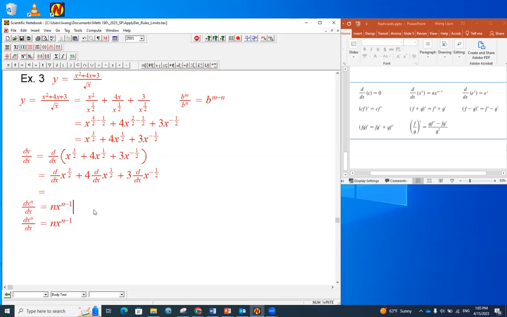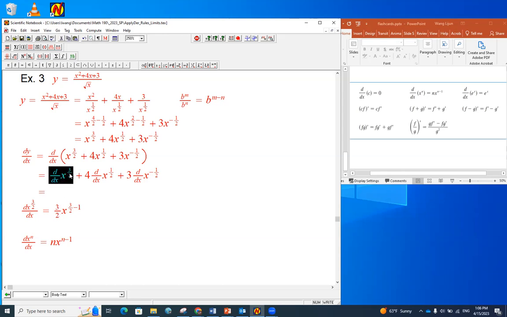You should have some scratch paper. When this n is 3/2, the exponent is 3/2 minus 1. You do this one by one.